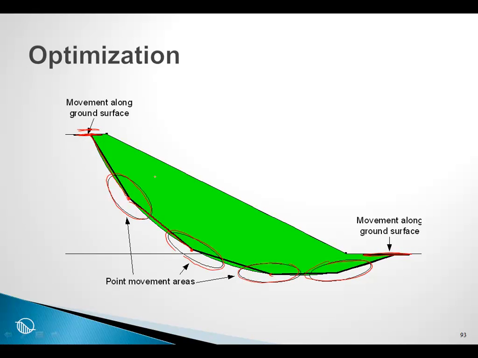This is computationally very intensive because there are many, many thousands of trials that are done in order to try and find some shape of trial slip surface that cannot be defined by some predetermined geometric shape.